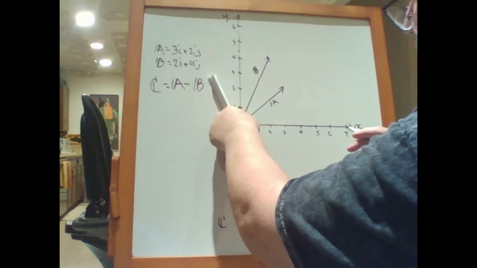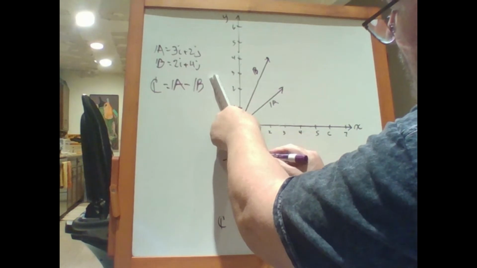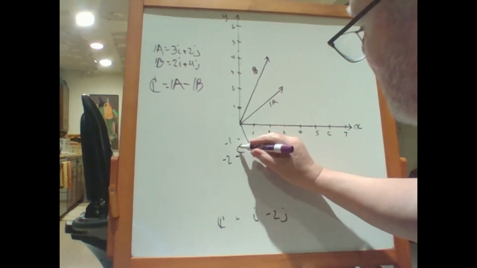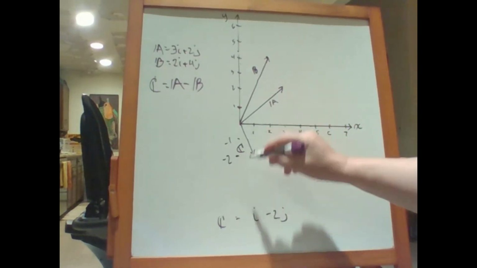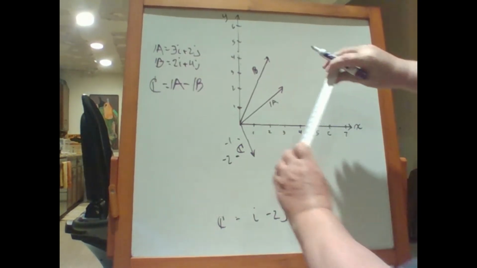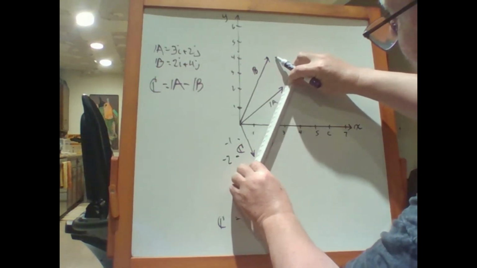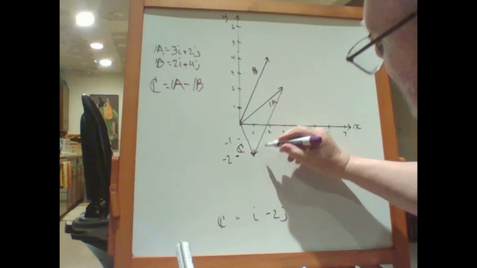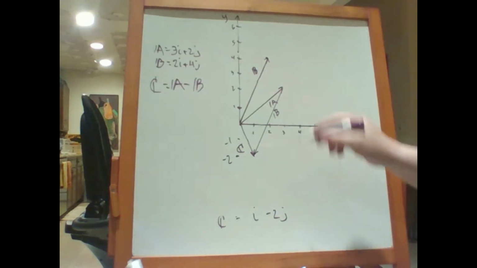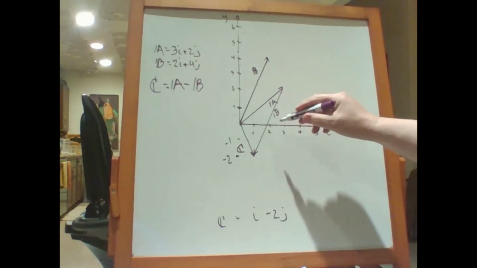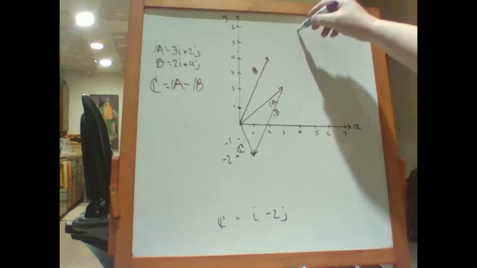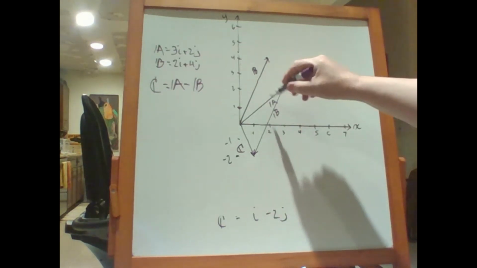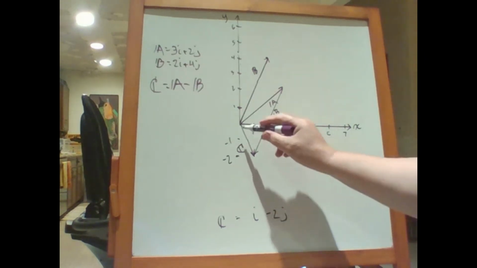Let's see. That would be C, 1 minus 2. And if we connected that, we would see that that would be our negative B. That would be B. So you can get the idea that when you add, you're taking it in the positive direction parallel to your B, and when you subtract, you're taking it in the negative direction, but parallel, and then the resultant is that.